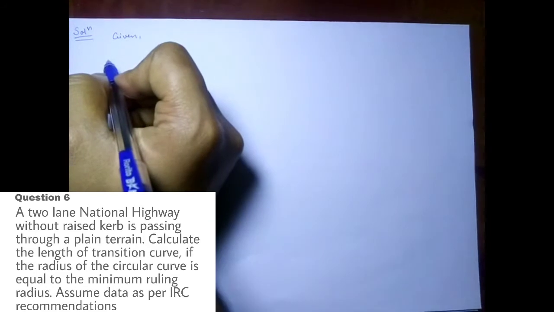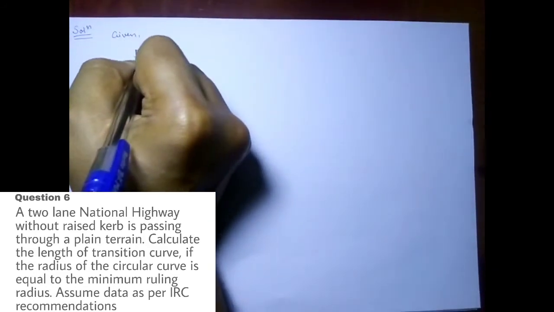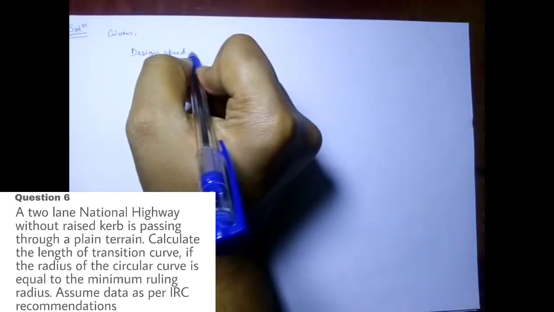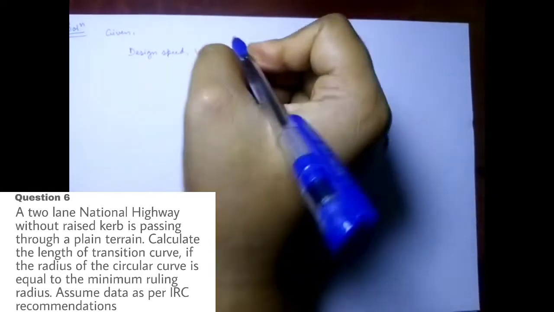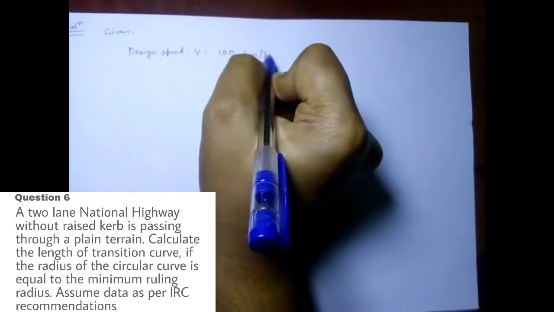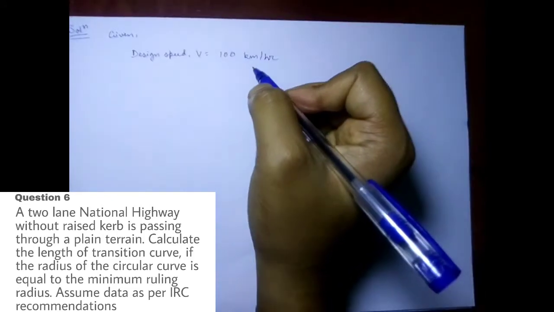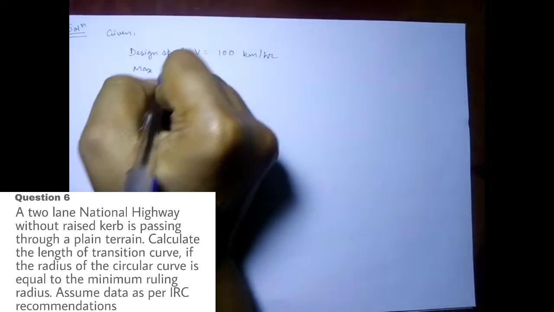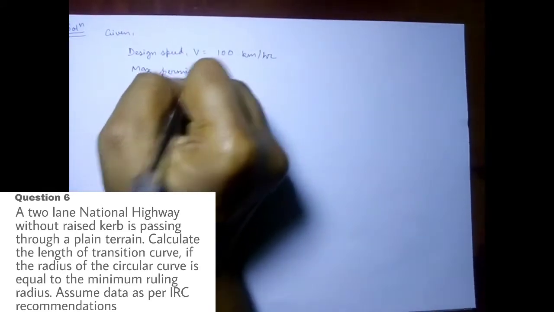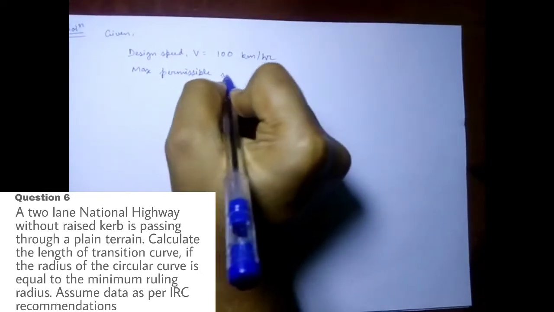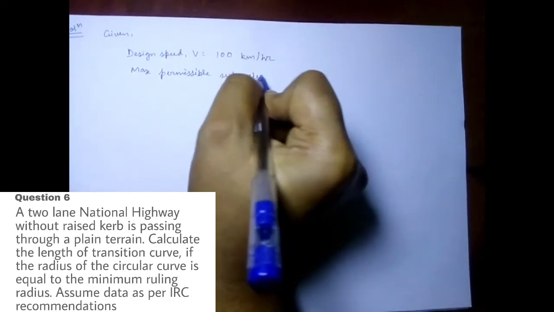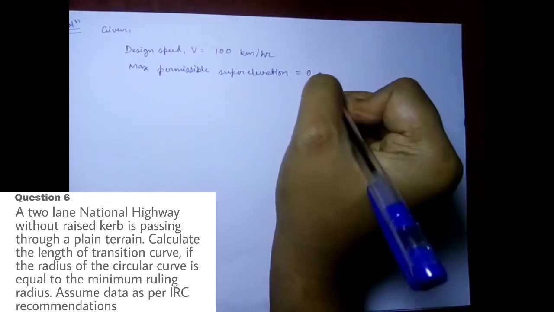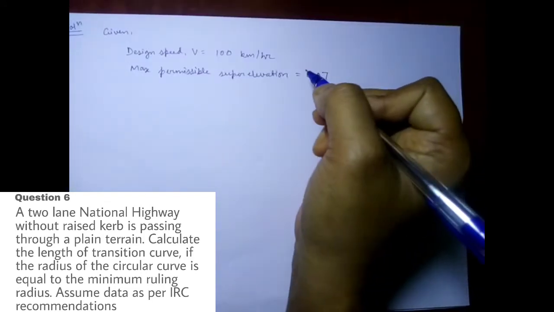We have design speed V equal to 100 kilometer an hour, and max permissible super elevation is equal to 0.07, as this is a plain terrain.